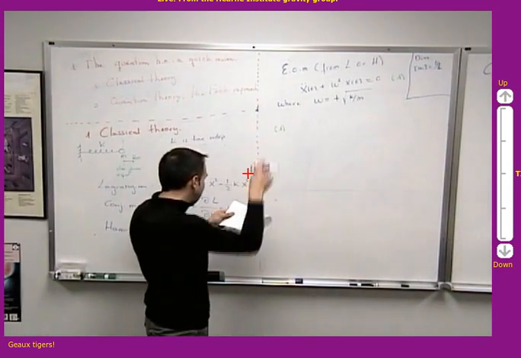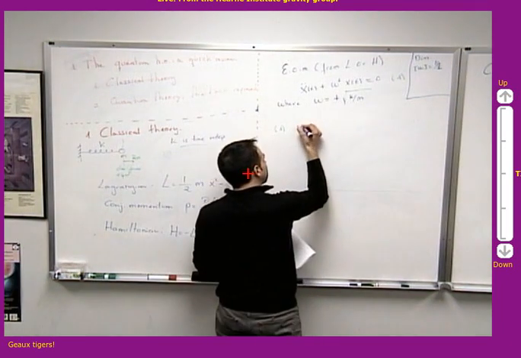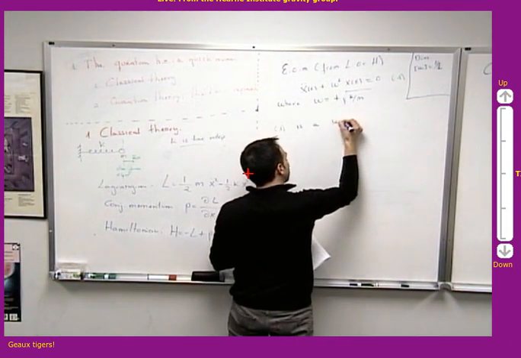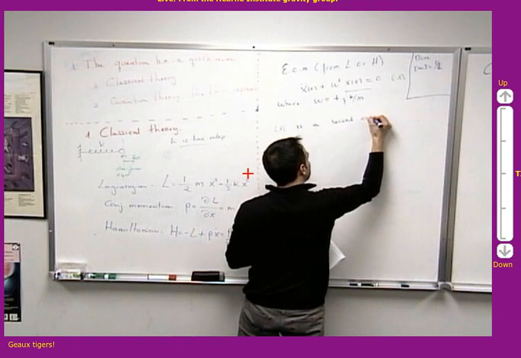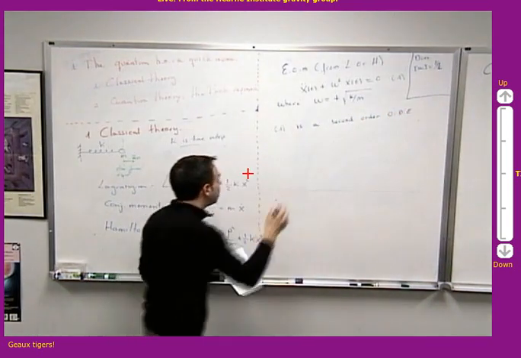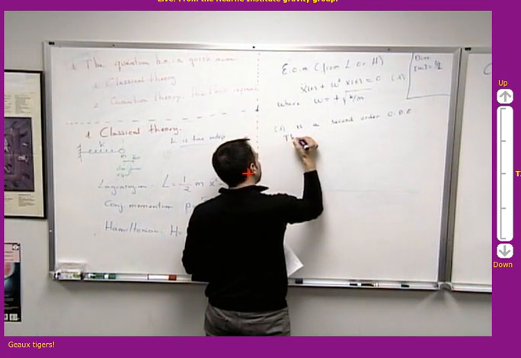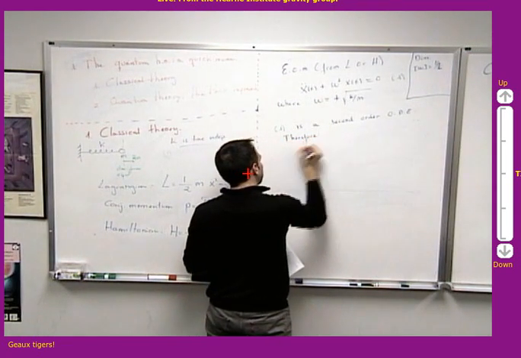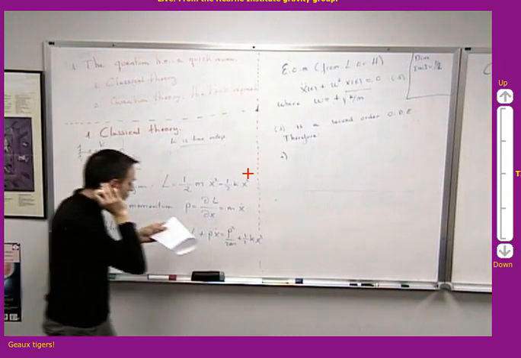So what I want to say is that equation 1 is a second order ordinary differential equation, and therefore, first of all, two properties.